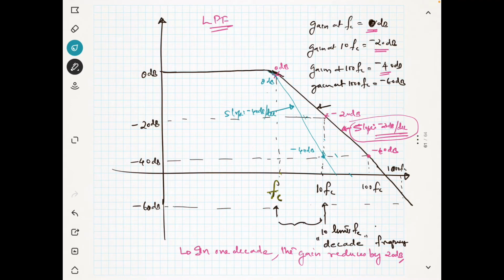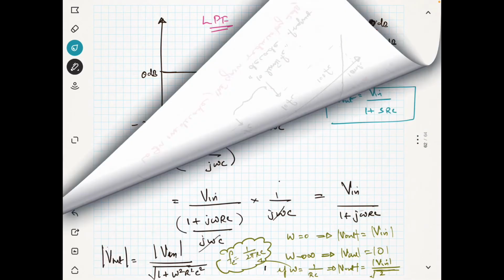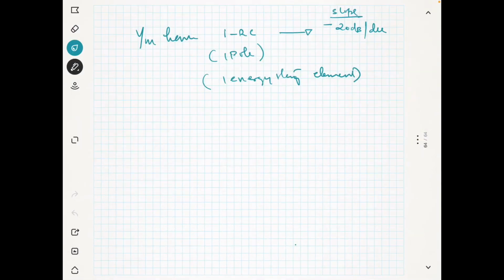Or we can say that it needs two poles. One pole always gives you minus 20 dB. Now if you have two poles in the circuit, you will get a slope of minus 40 dB per decade. Okay, then what is the order of the filter?